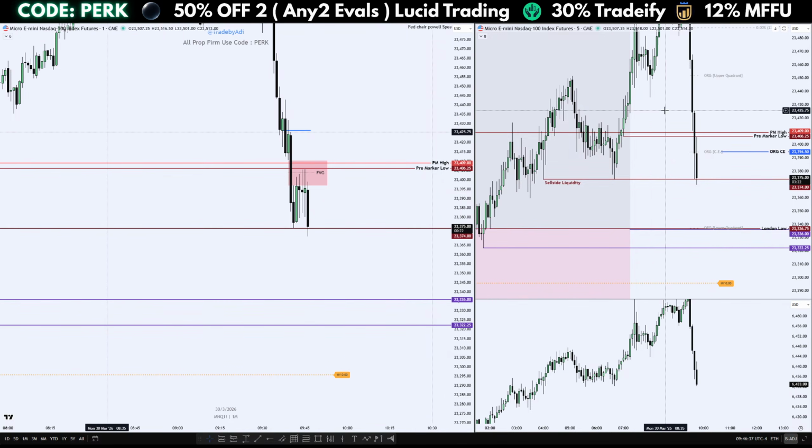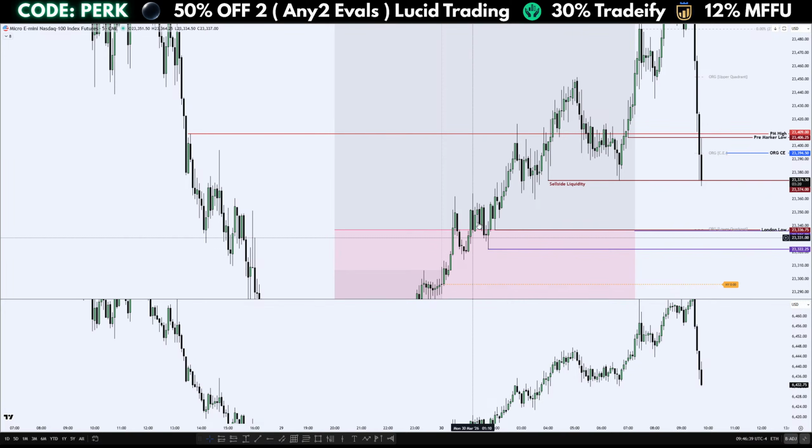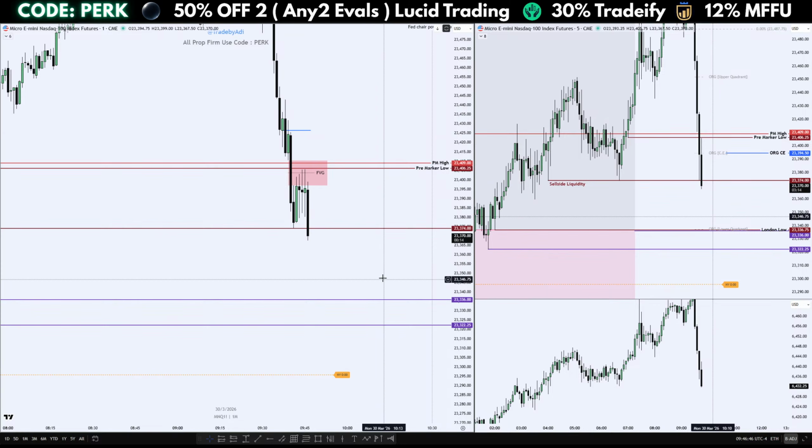We don't have any fair value gap. If you see the reaction, if you see the range, these are the sell side liquidities. This fair value gap is important, I told you.